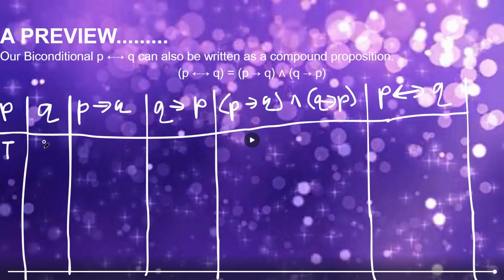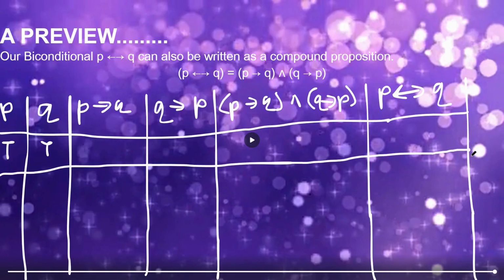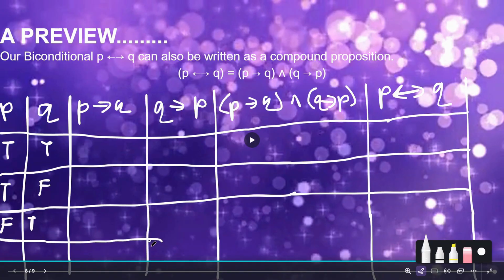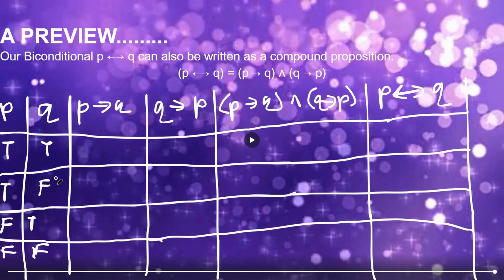Okay, P and Q, step by step. So TT, TF, FT, FF. Next we fill up the if P then Q column.